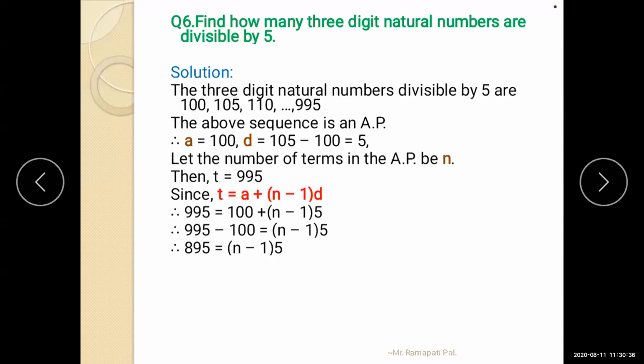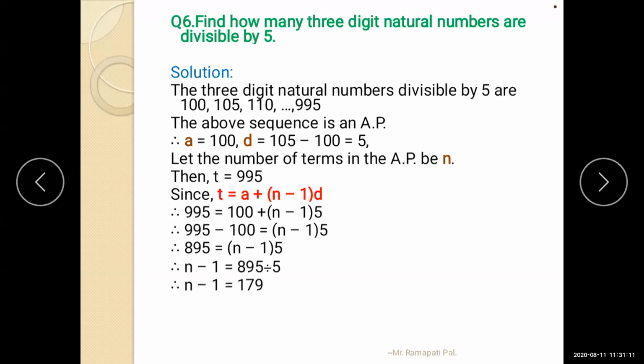So we are going to divide 895 by 5. n minus 1 is equal to 895 divided by 5. Can you tell me what is the answer when we divide 895 by 5? That is 179.